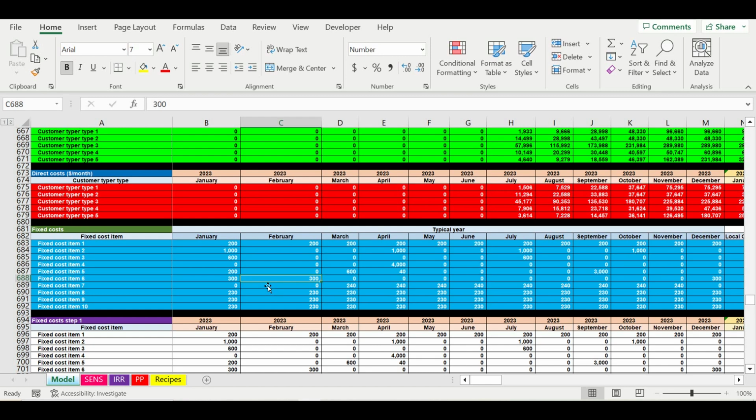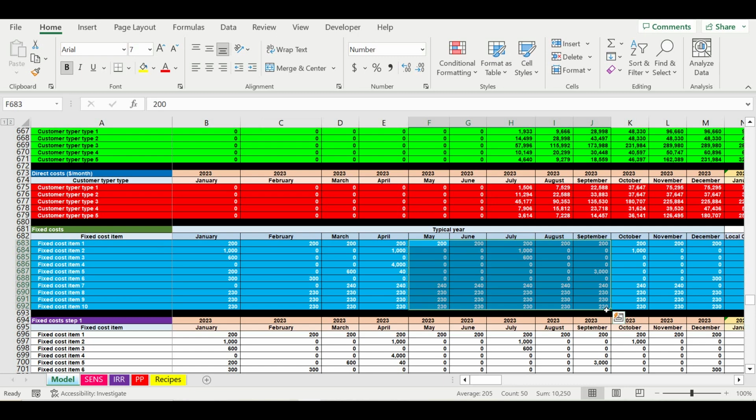Also, there can be a story when fixed costs may have some seasonality, and this seasonality may, for example, create some operating losses, for example summer losses during the summer season.